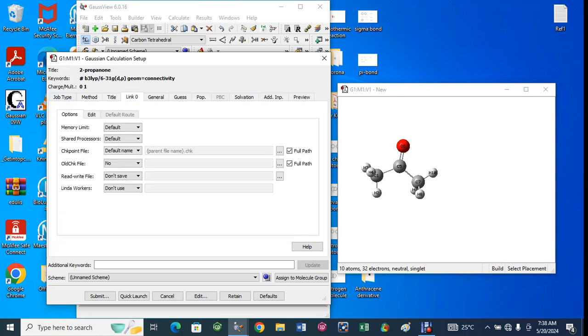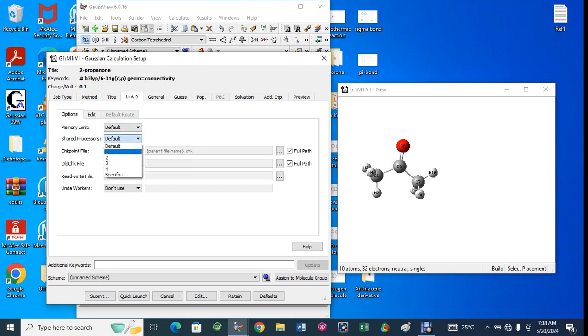Here is a choice for me to increase the memory limit. I can choose 10 megawatts, 50 megawatts, 100 megawatts, and many other options. I can also specify the memory limit on my own. Then the shared processors.